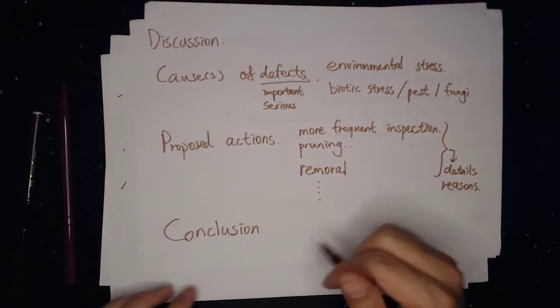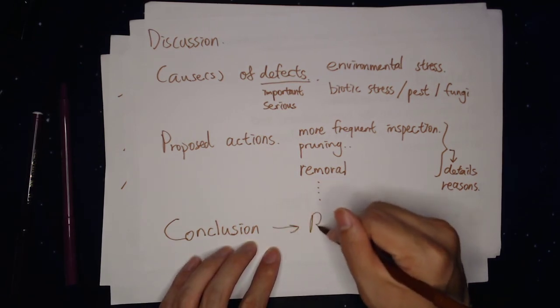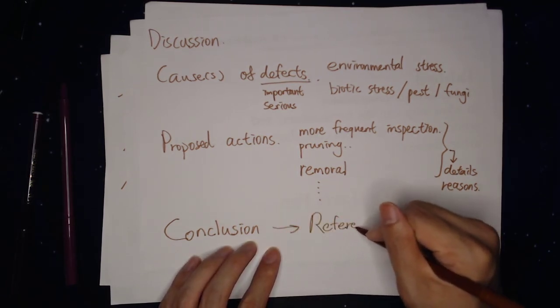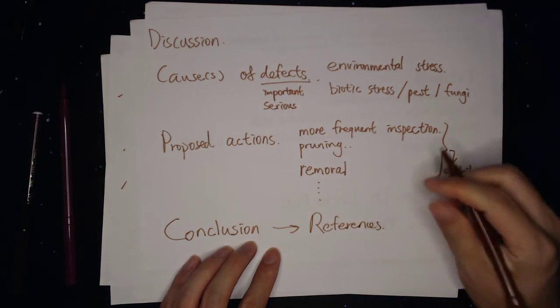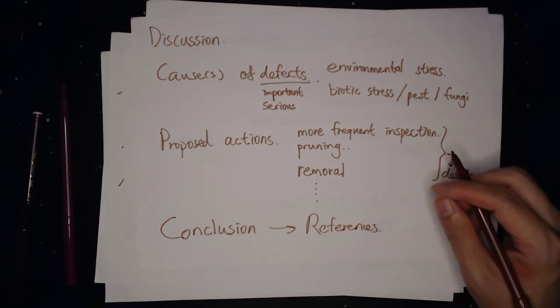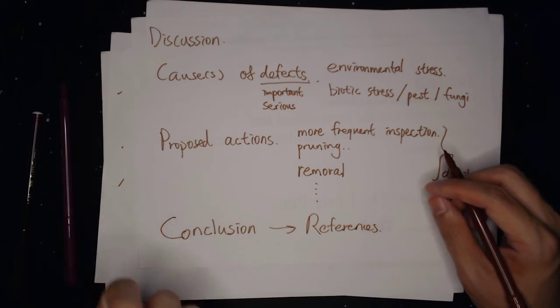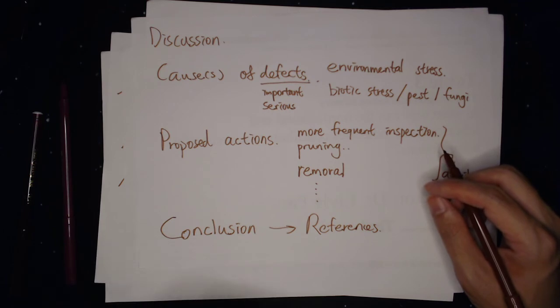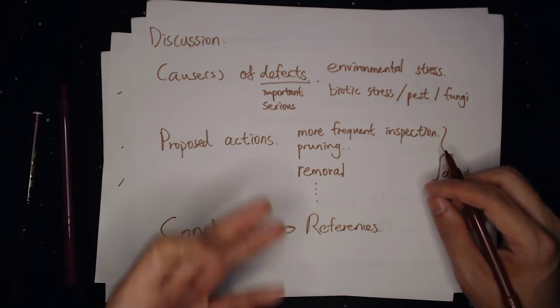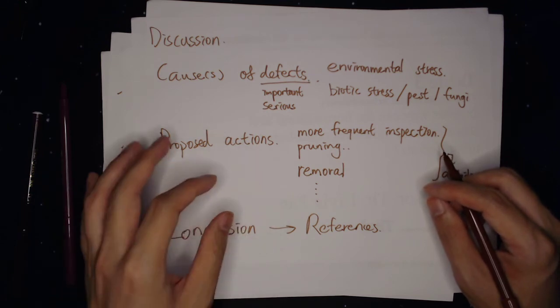So after the conclusion, you may give me references. Perhaps you have found some academic sources, books, articles, or essays that discuss tree risk. You can use those as your inspirations, and you can cite them in your individual assignment.